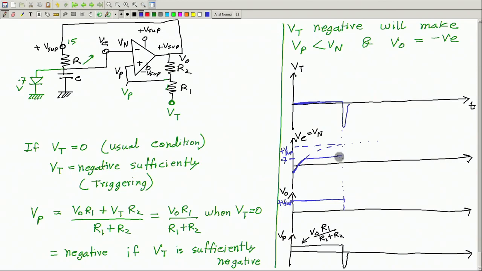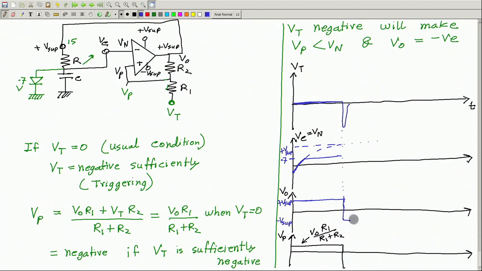So, here V n is positive, V p is negative. This will cause the output to go to negative V supply. Right. So, the output will go to negative V supply, and let me just erase this a bit.